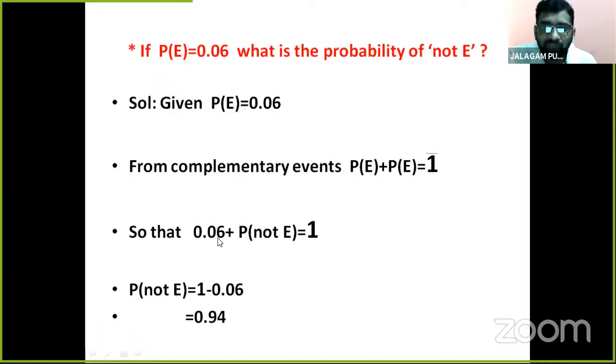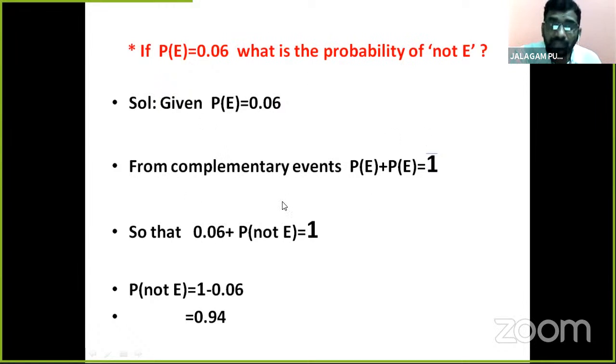We substitute the value of P of E. So 0.06 plus P of not E is equal to 1. So P of not E is equal to 1 minus 0.06, so here 0.94. So this is one of the examples.